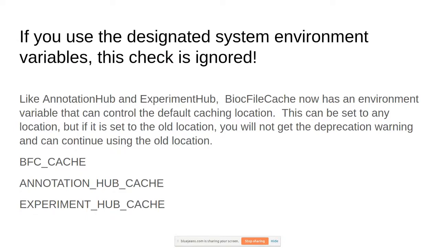Relatively new, we had system environment variables for the caching location in AnnotationHub and ExperimentHub, and with this change, we also implemented it in BioC FileCache. This could be potentially useful for system admins, where if you wanted to set the environment variable on a system, you could use it, and it would continue using that old default location for as long as you want, to not produce the warnings.